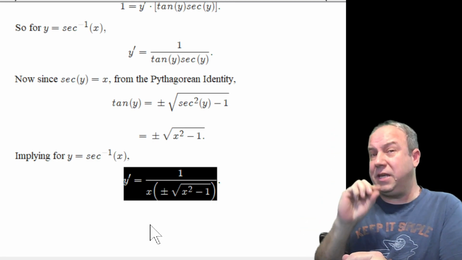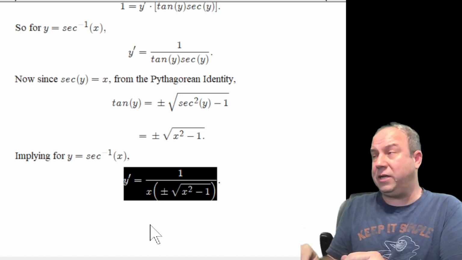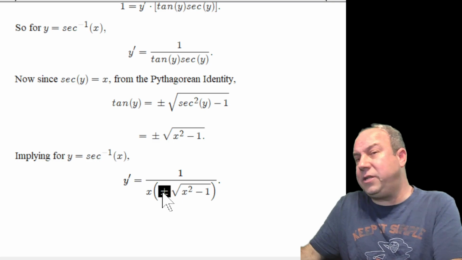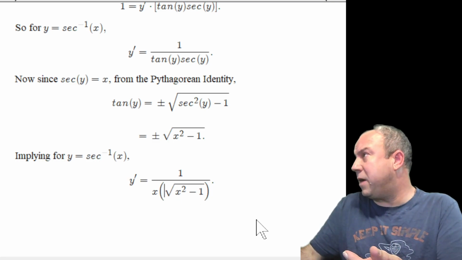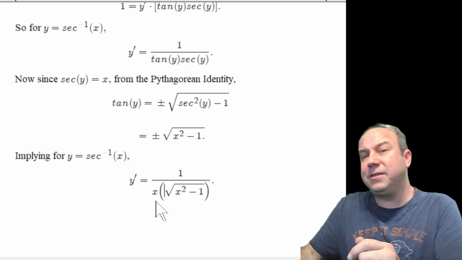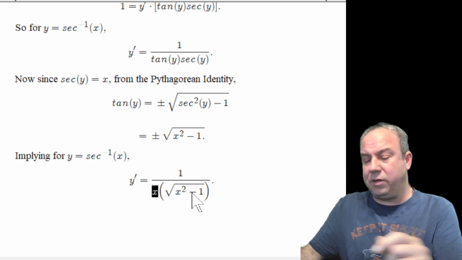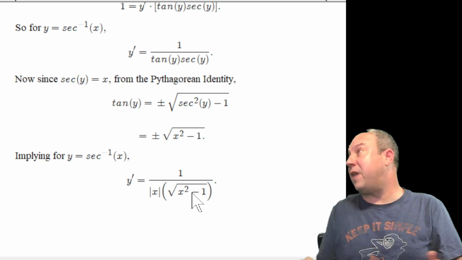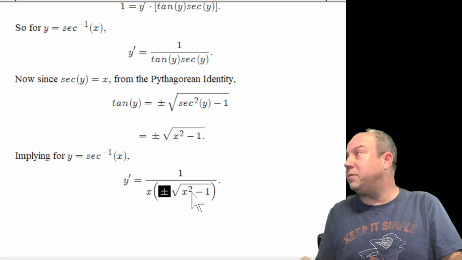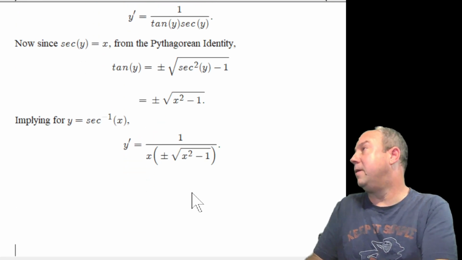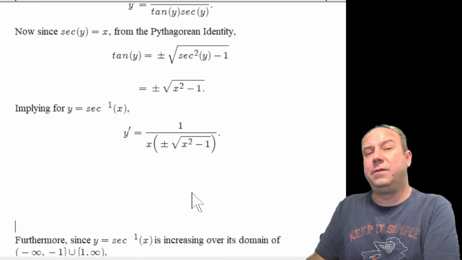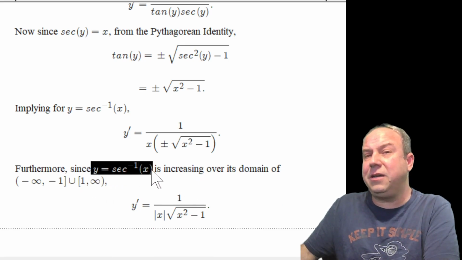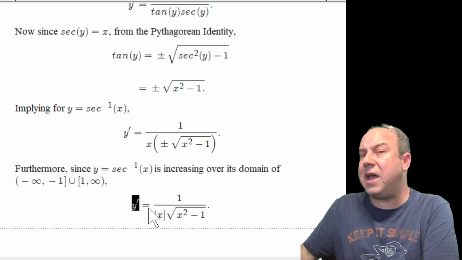Now, the secant inverse of x is strictly increasing. So, being strictly increasing, we are going to have to ditch the plus or minus and consider just the plus case. But we also need to control this x's sign and allow it to just be the absolute value of x. And that's what you'll end up seeing in the next statement here. Since the secant inverse is going to be strictly increasing, the slopes are always going to have to be positive.